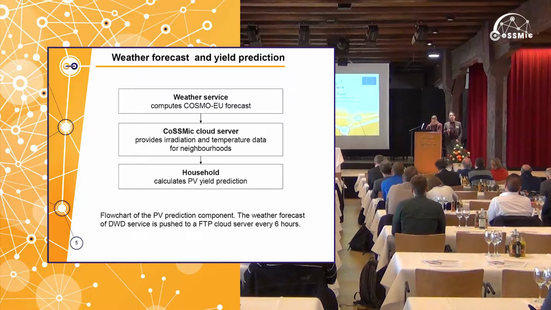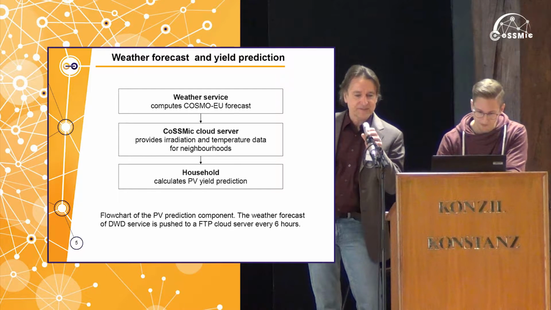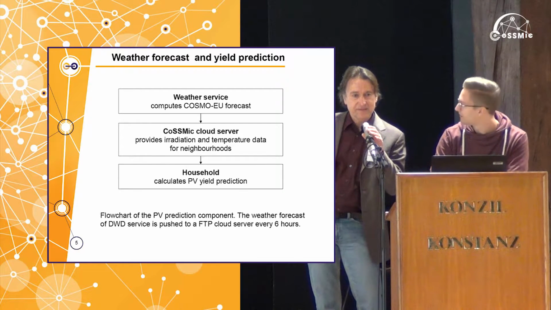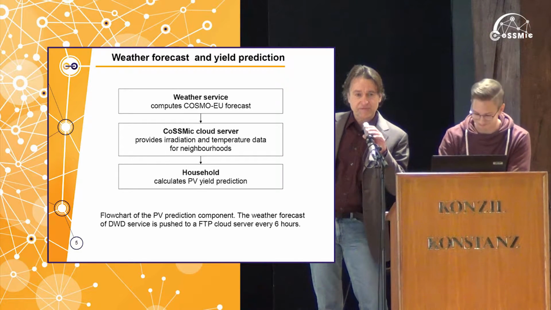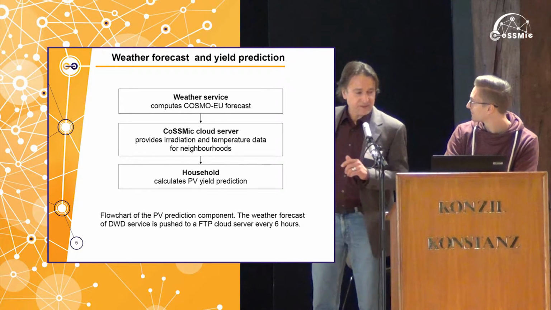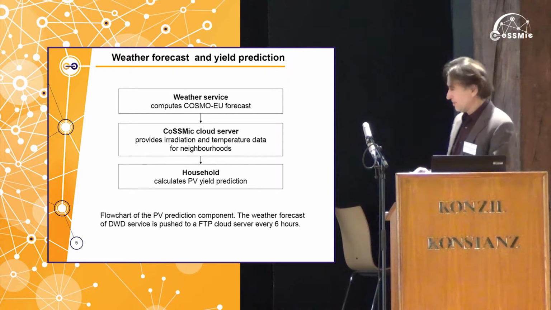And from the FTP server, the data are directly transferred to the single households, to the Raspberry, and the Raspberry is running a program which is using the weather data to calculate the PV yield for the next 6 hours, or for the next 24 hours, but refreshed every 6 hours. That was what I mentioned.